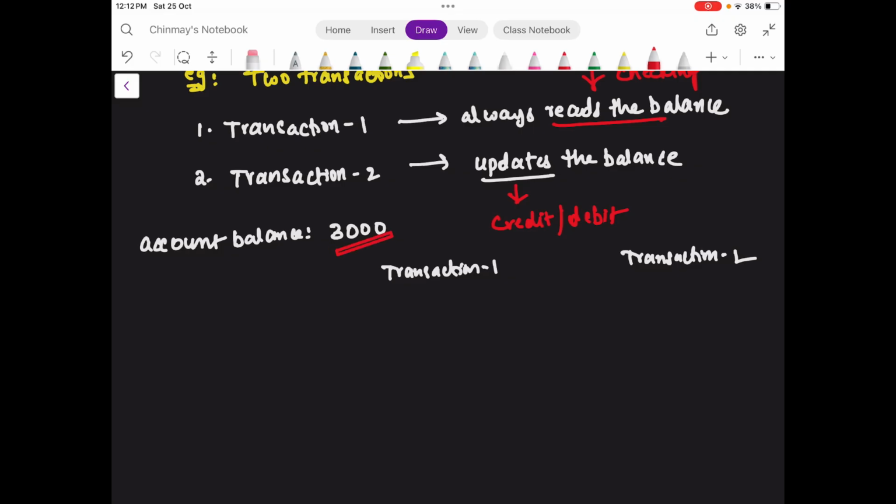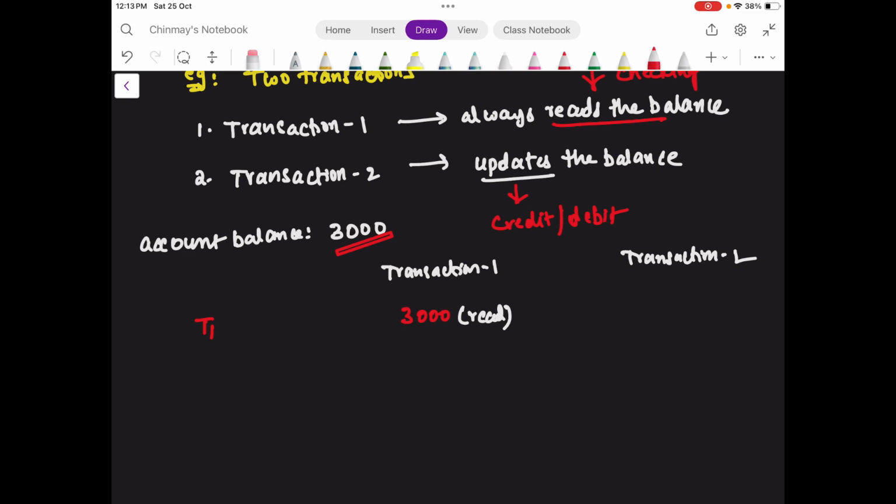Okay, your account balance is 3,000 rupees. What happened at the time of T1? Okay, transaction 1 reads the balance. What does it show? 3,000 rupees. Okay, still this transaction is not yet committed.